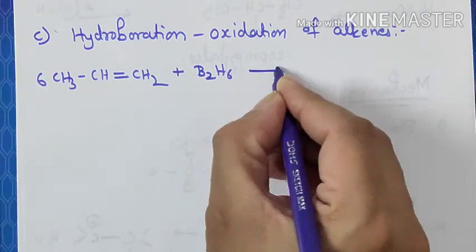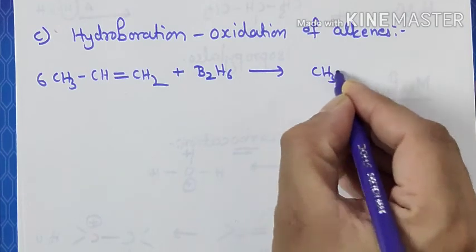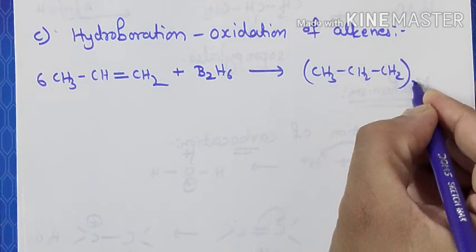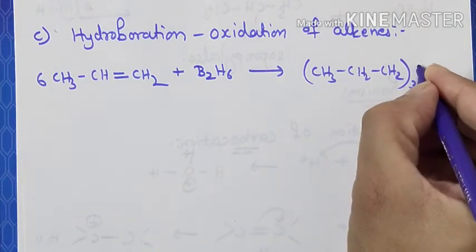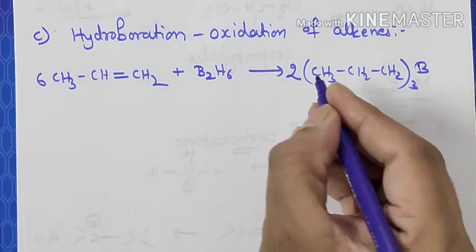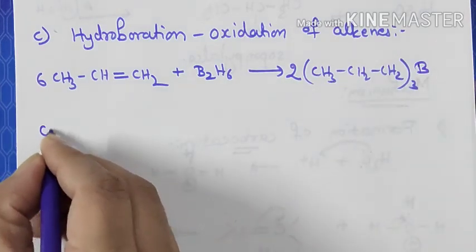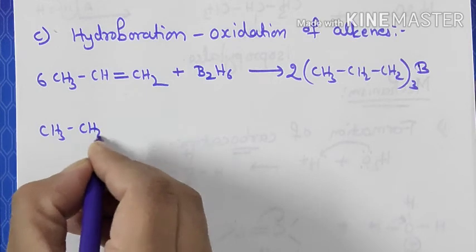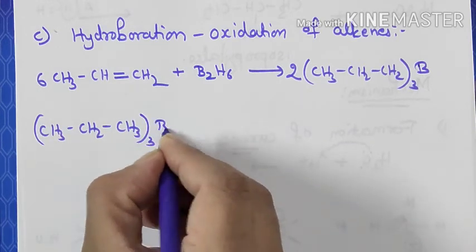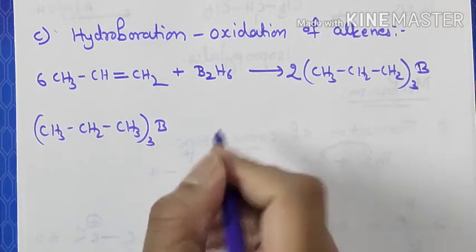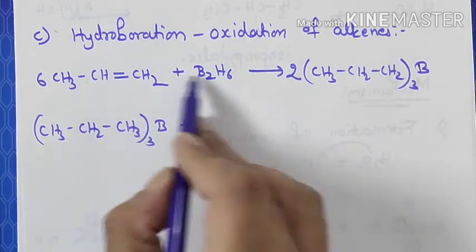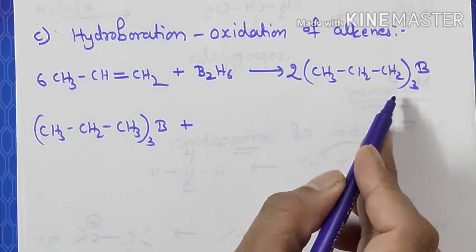So in the first step you obtain (CH3CH2CH2) thrice with boron, taking 2 mole, and this (CH3CH2CH2)3B, I have taken 1 mole. This step is actually hydroboration.